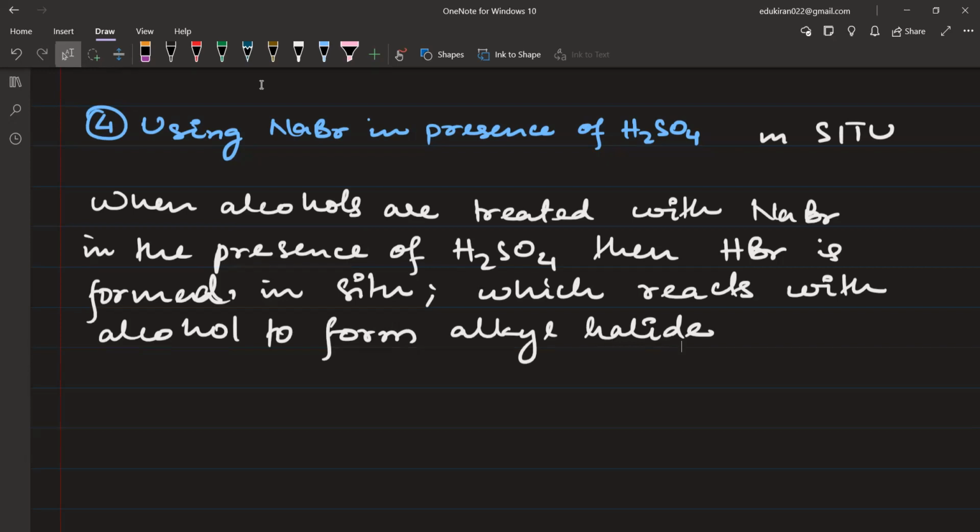Write this down. Let me know when you're done. Now what will you write for this reaction? You will write ROH plus NaBr plus H2SO4.